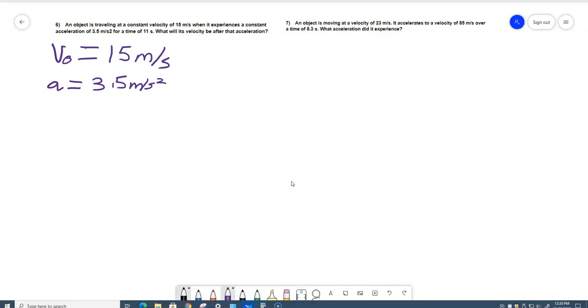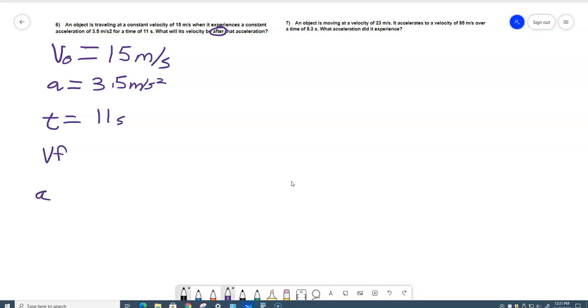And next it tells you that it has a time of 11 seconds. As you can already see, we only have one other thing we're going to need for our formula, which will be V final, because that is this after right here. When you go on a race, after the race, you know what your final time was. Think of it kind of like that.